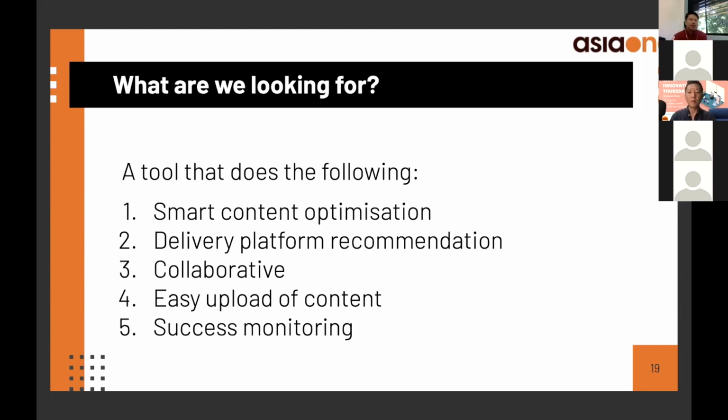Point 3, collaborative. What this means is that hopefully this tool can work with our human journalists, because ultimately this tool is a gatekeeper for a lot of this content that goes out to the public. So we hope that it allows human intervention, in case the tool makes a very weird decision that doesn't make sense.